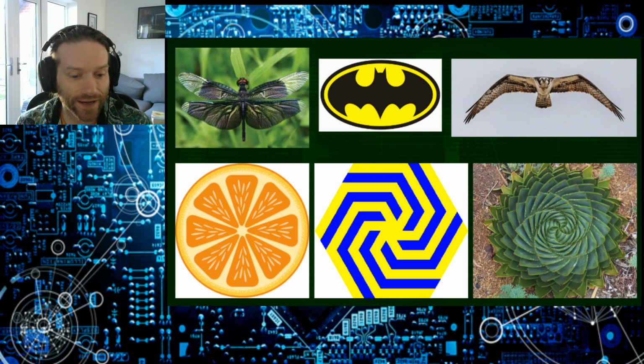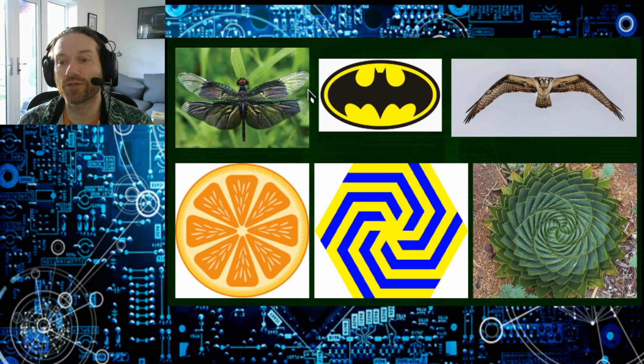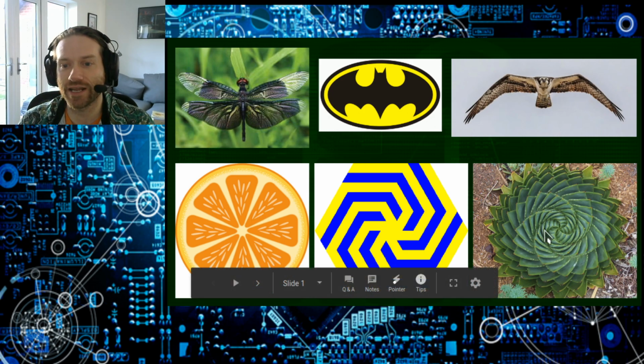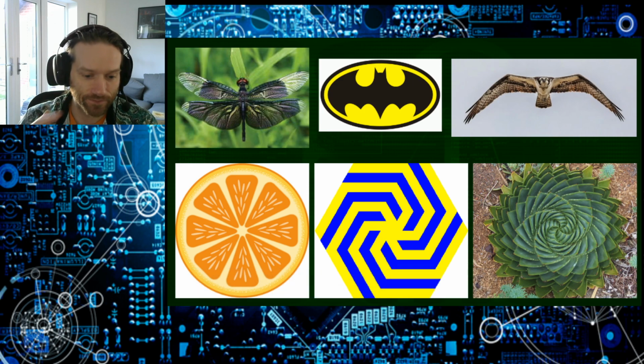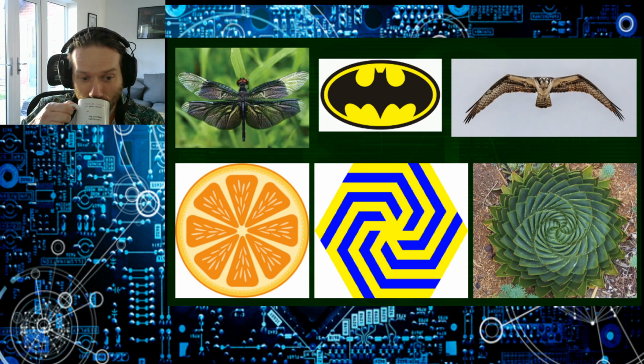Now, Jermaine has already said the correct answer, which is symmetry. 2 different types of symmetry, though. The top three have one type of symmetry. The bottom 3 have another type of symmetry. Can you tell me what the 2 different types of symmetry are?